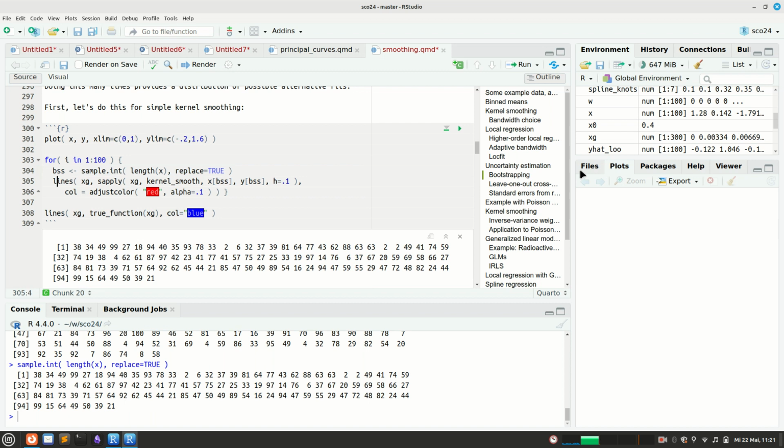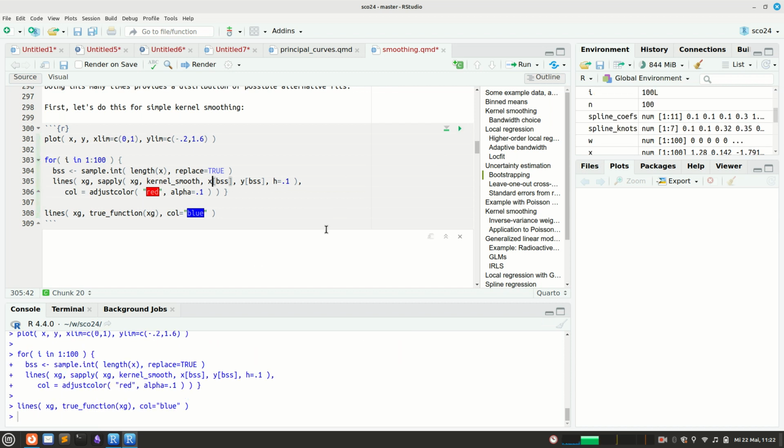And then I call this my bootstrap sample BSS, and I use this as an index into my x and y values, so that I use the data points that are indicated here, like data point 38 and 34, and some of the data points, for example data point 2, appear 3 times, and so on. And each time I rerun my smoothing function and draw a line. I do this 100 times to get 100 lines.